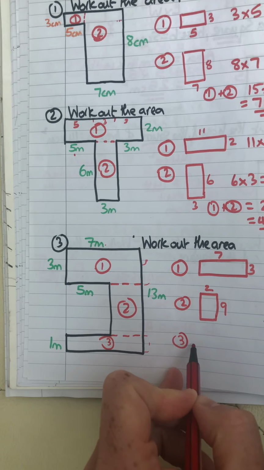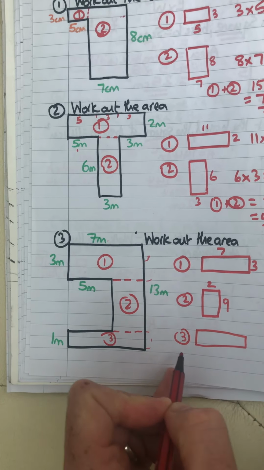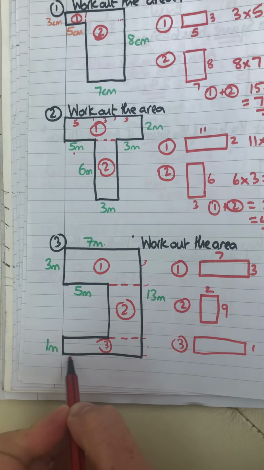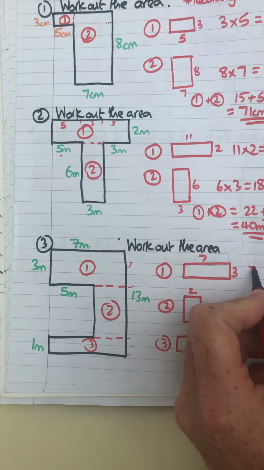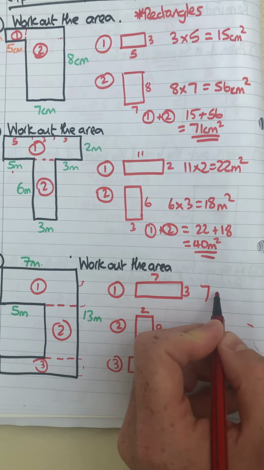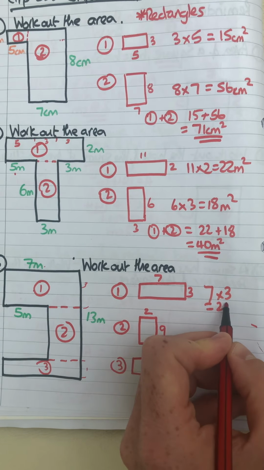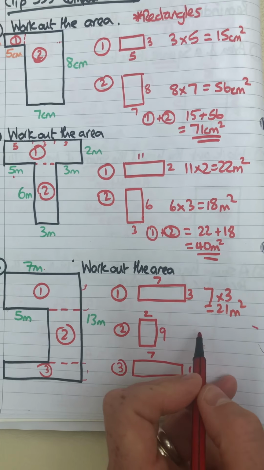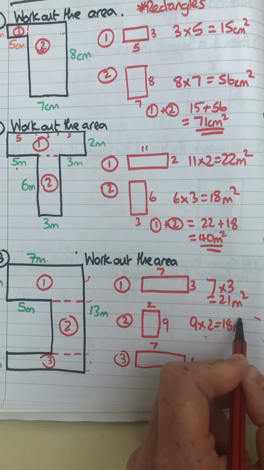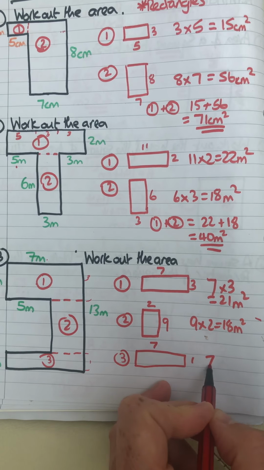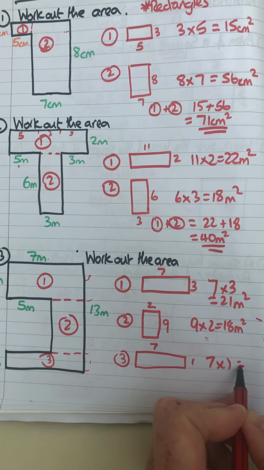And then number 3 is a rectangle like that, where that's 1. And what's this one? Well, that's the same as the top. That's 7. So 7 times 3, 21 metres squared. 9 times 2, 18 metres squared. 7 times 1, 7 metres squared.